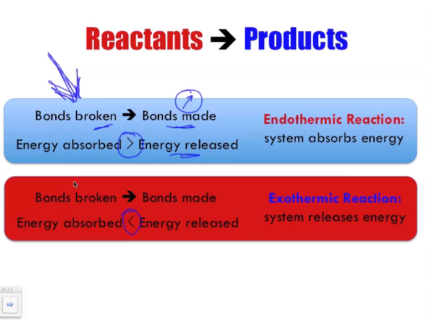So very little energy is absorbed to break these bonds, so it's really easy to break them, but a lot more energy is being released. If we look at the change in energy, the energy coming in and the energy going out, there is a lot more energy going out of the system into the surroundings, which results in what we call an exothermic reaction.